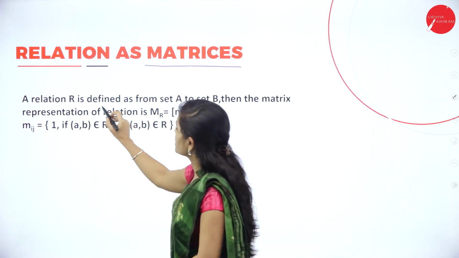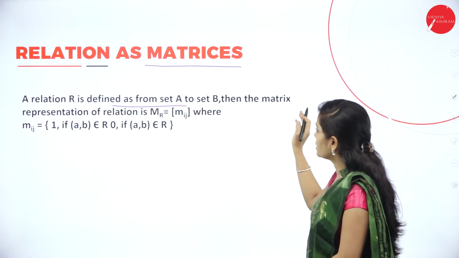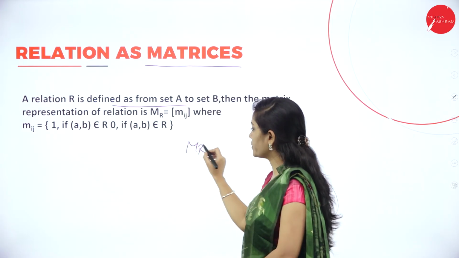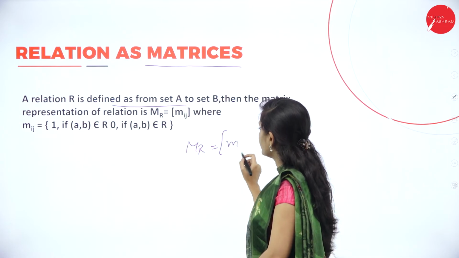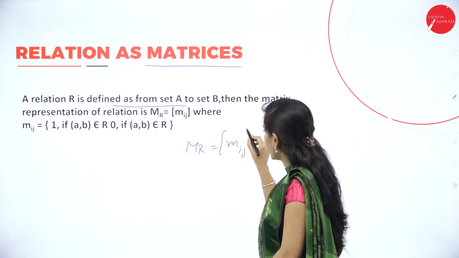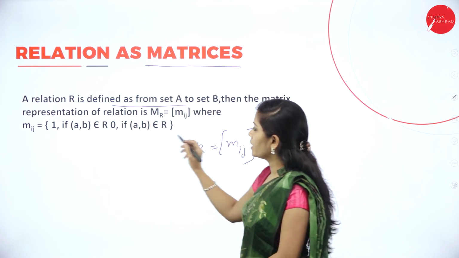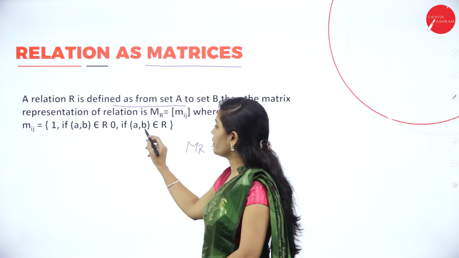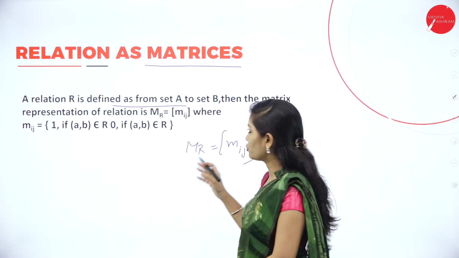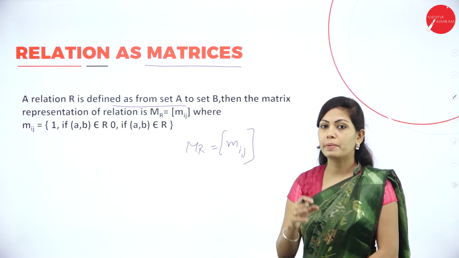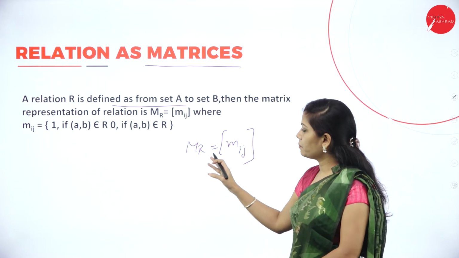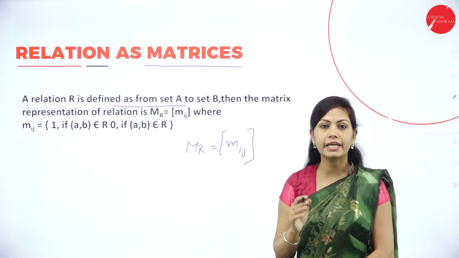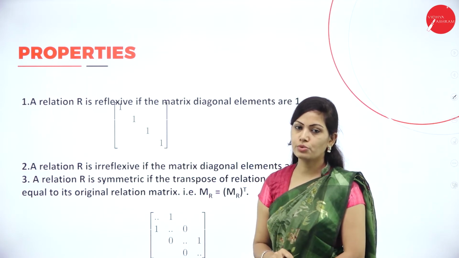A relation R is defined from set A to set B. Then the matrix representation of the relation is MR, with m rows and n columns, where Mij is equal to 1 if (a, b) belongs to R, and 0 if (a, b) does not belong to R. So here we use 1 or 0 for representing a matrix.